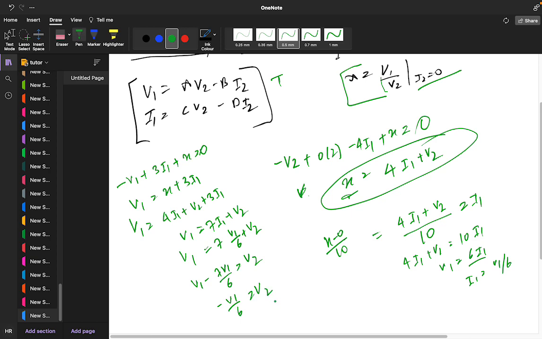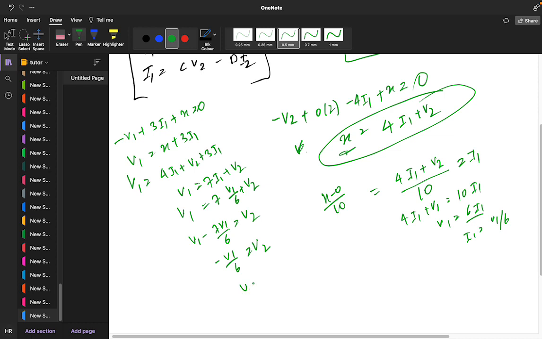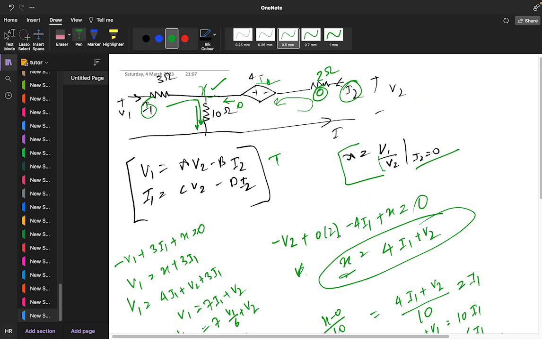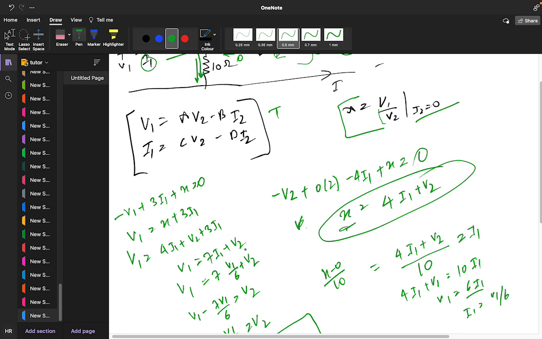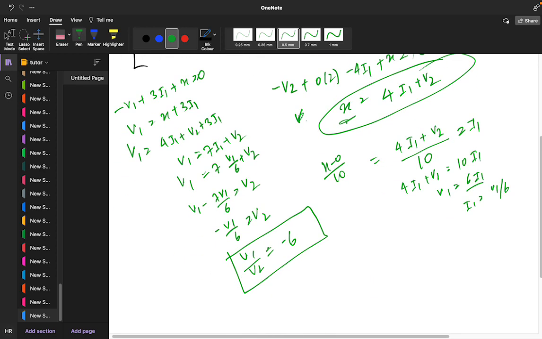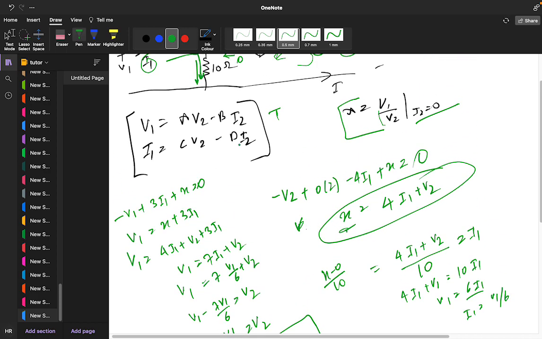You need to find the value of V1 by V2. So V1 by V2 is coming minus 6. This part is clear, everyone? Anish, it's clear? Yes, sir. Okay, Anish. So you got the value of A equal to minus 6.